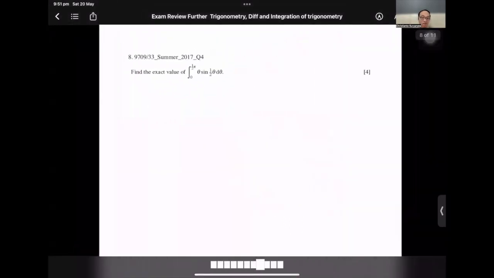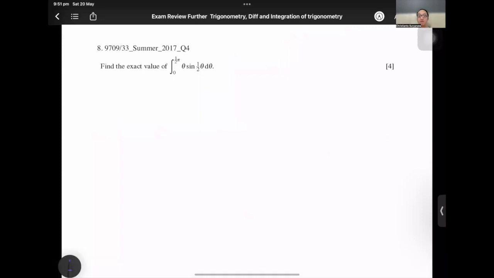Next, number 8. Number 8 is integration by parts. In integration by parts, we need to express one function as u. In this case, we have theta and sine half theta.